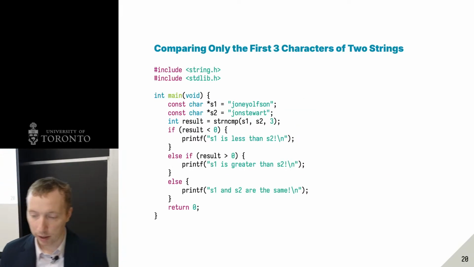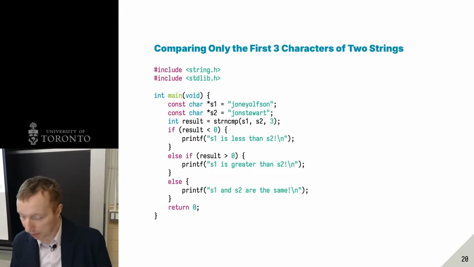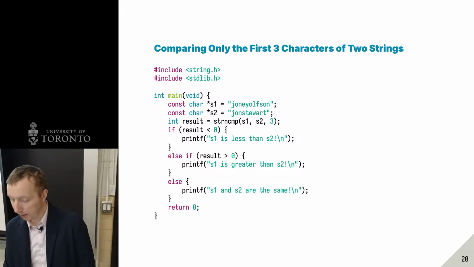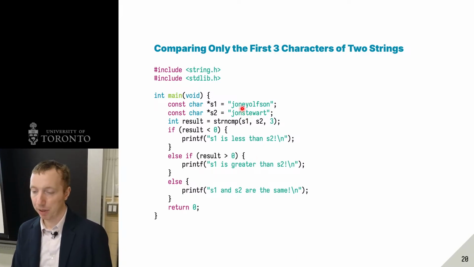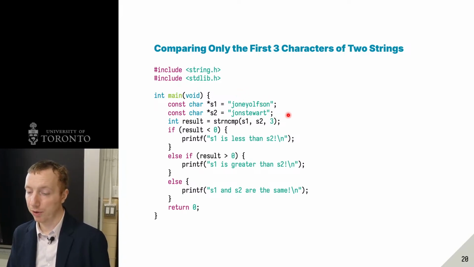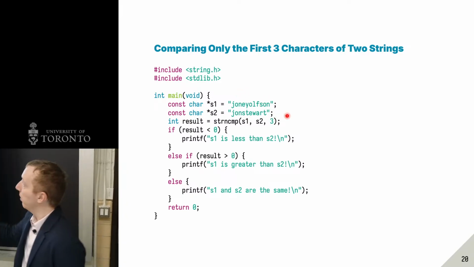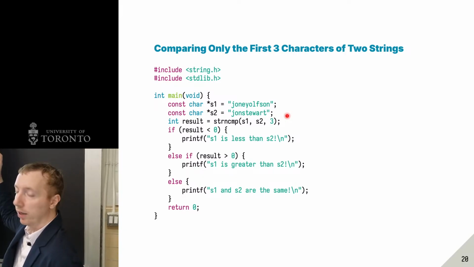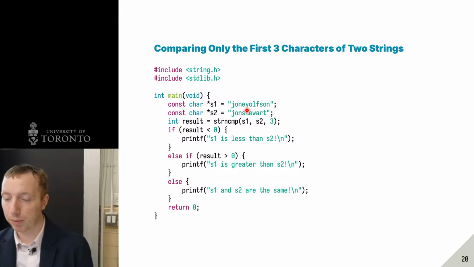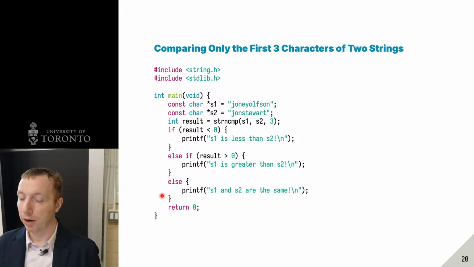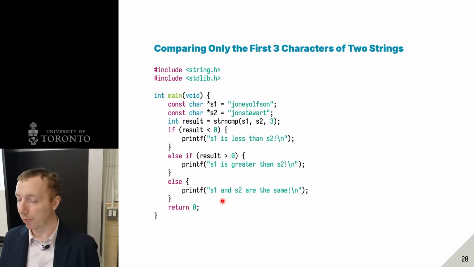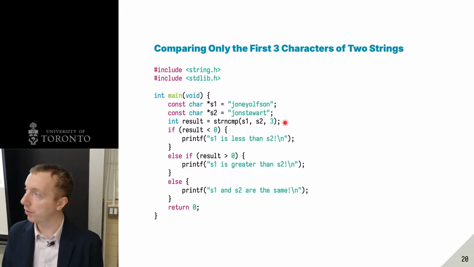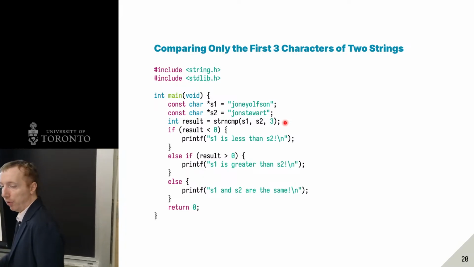So in this case, if I run it with strncmp, and I set a limit of 3, and I compare the strings John Elfson and John Stewart, it will only compare the first 3 characters. In this case, the first 3 characters of these strings are the same. So it will actually print off that S1 and S2 are the same, because I'm only looking at the first 3 characters, which in this case, they're both equal to John.